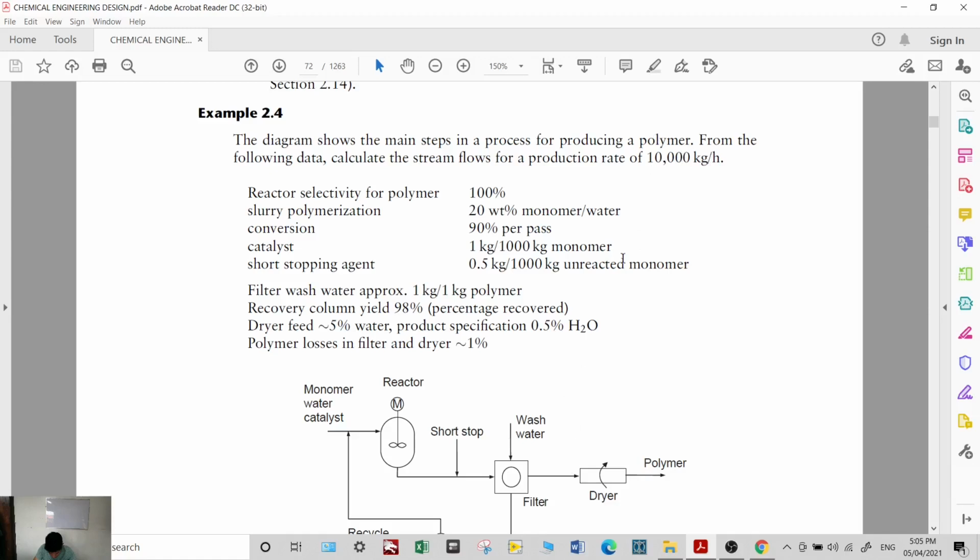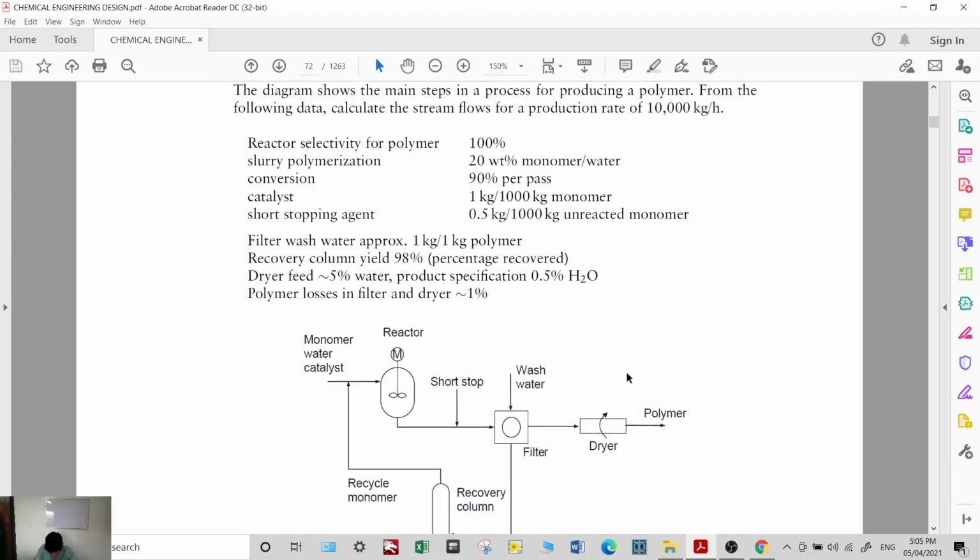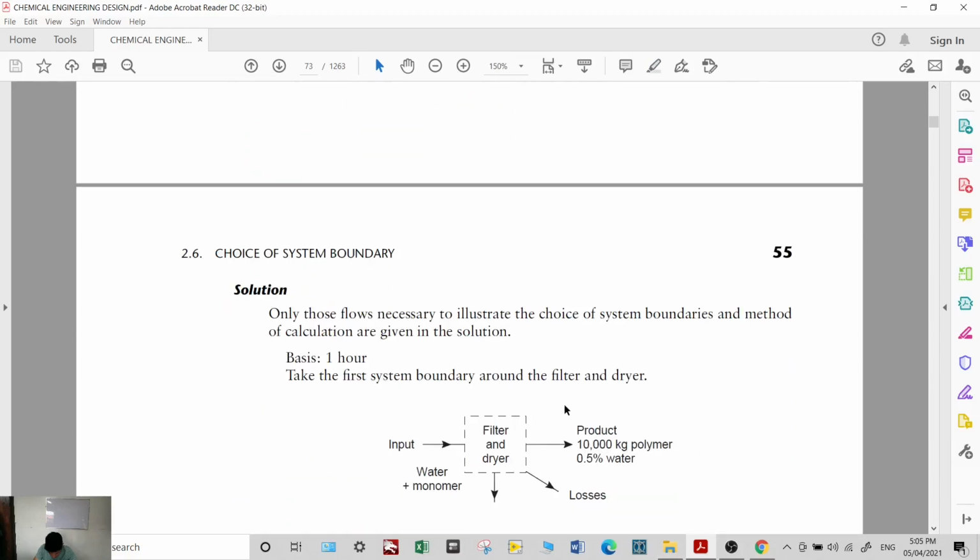Okay? So based on this, we start with the filter and dryer system. Okay, this filter. And the basis of our calculation is 1 hour.